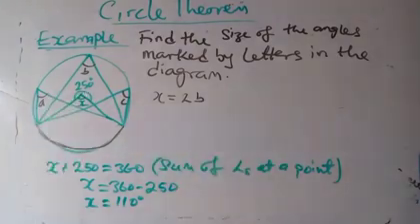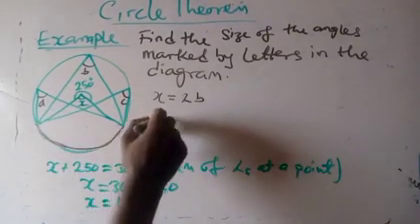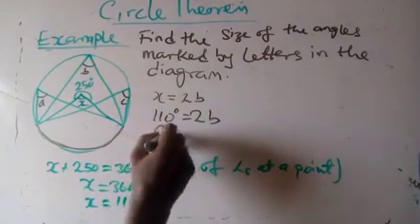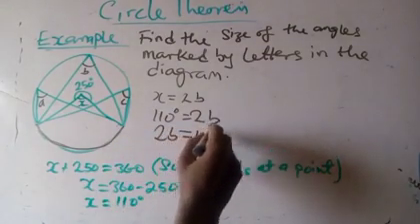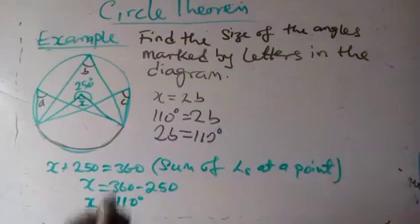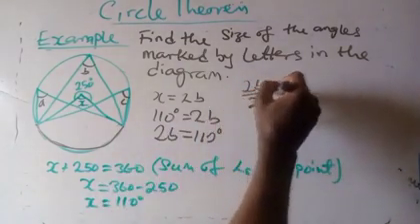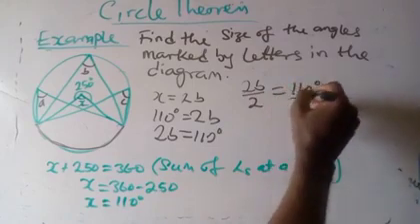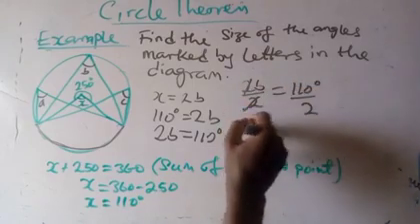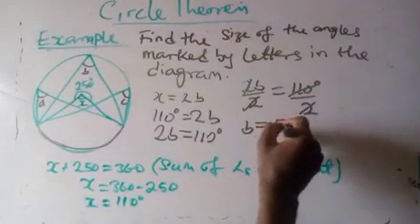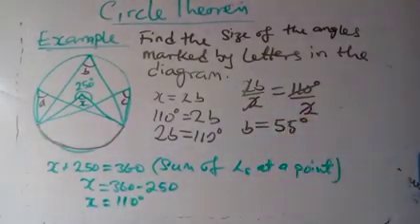And what is our x? x is 110 degrees equal to 2b. Or we say 2b is equal to 110 degrees. So to get our b, we divide both sides by 2. 2b divided by 2 is equal to 110 divided by 2. b is equal to 55 degrees.